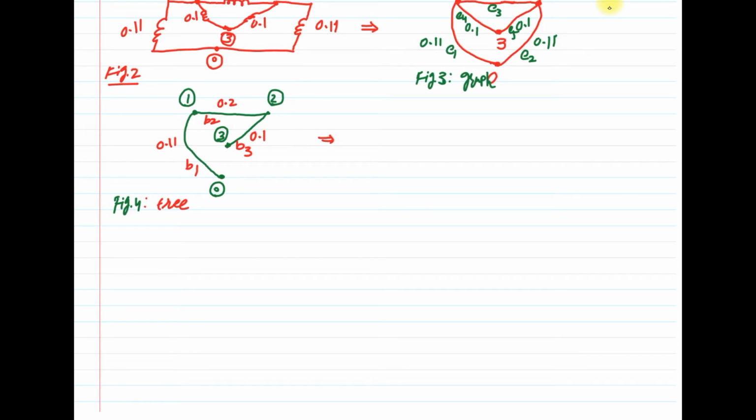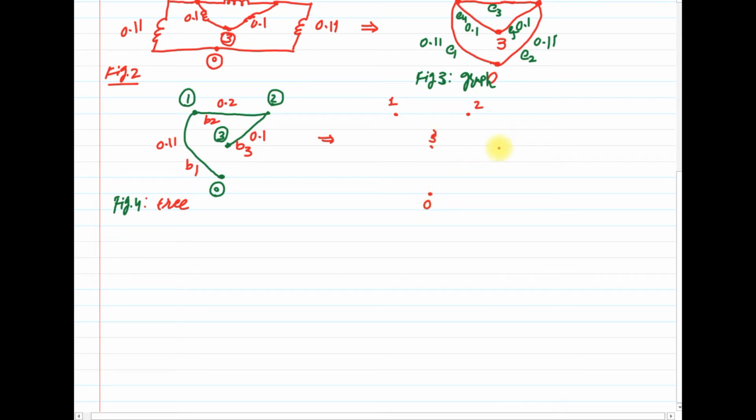Next step is we have to draw the cotree, which is the subgraph left after the formulation of tree from the graph. So let us see, first just draw the nodes of the network, which is 1, 2, 3 and 0.